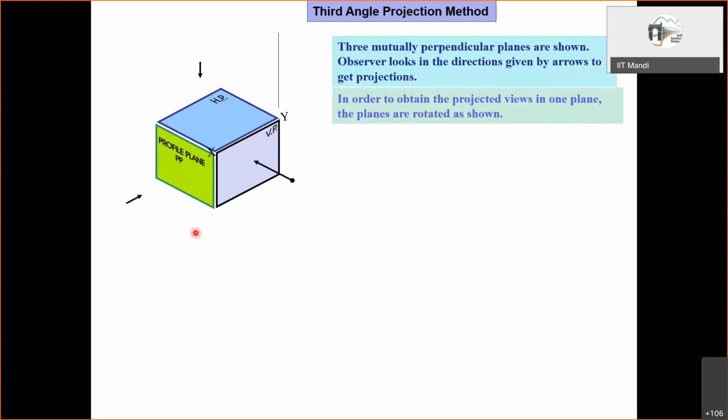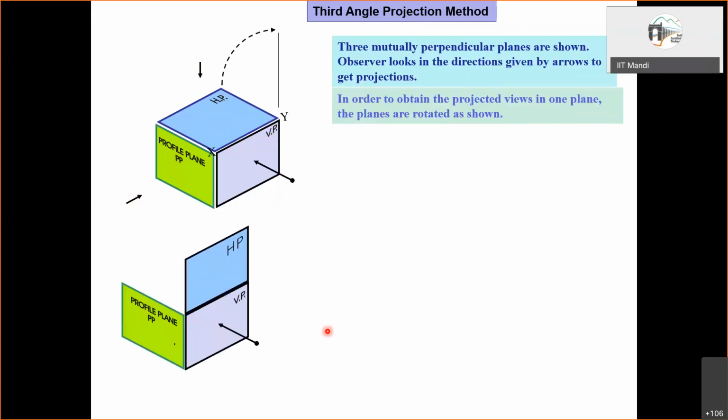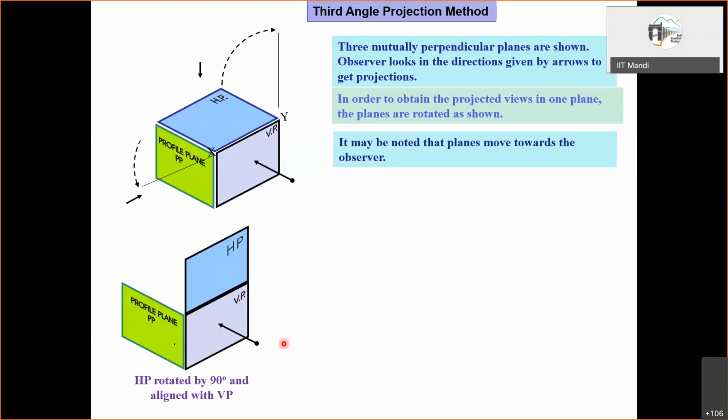Now whatever top view we obtain here will again, as the horizontal plane is rotated, be acquired here. So if the horizontal plane comes in the same plane as that of the VP after rotation, here we have the front view, here we'll have the top view, and thereafter this profile plane is also to be rotated, right?